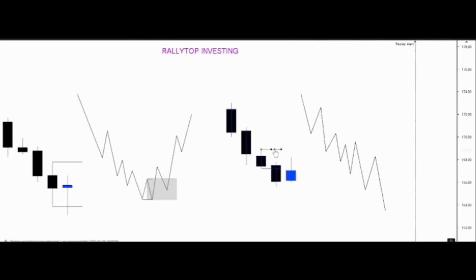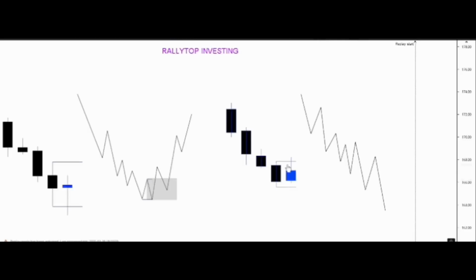Now, the following day, price printed this high and then printed this low here. Look at what happened. For the first time, from day 1, day 2, day 3, day 4, price did something strange.